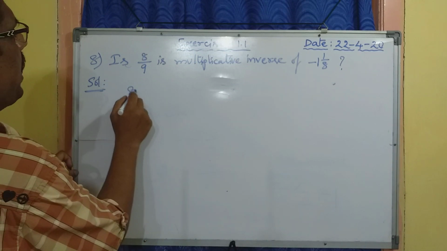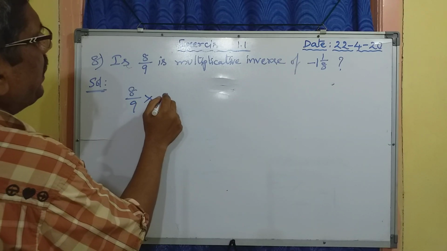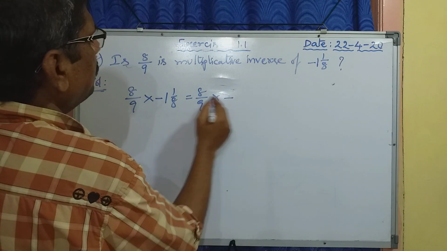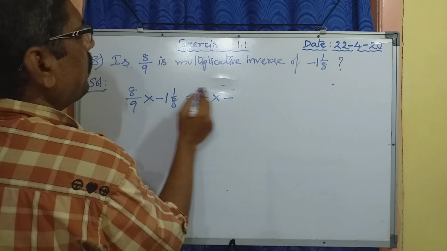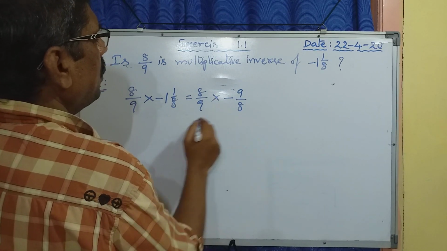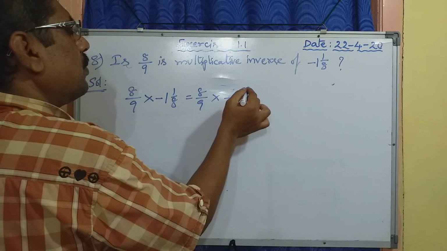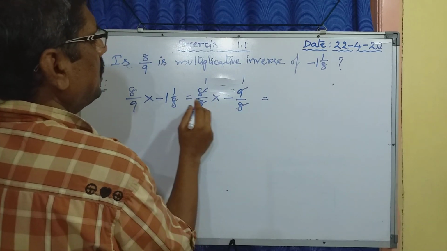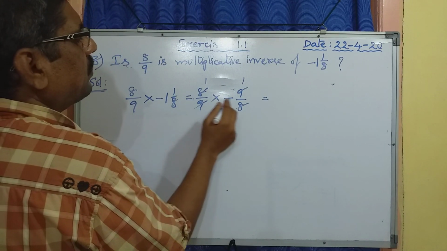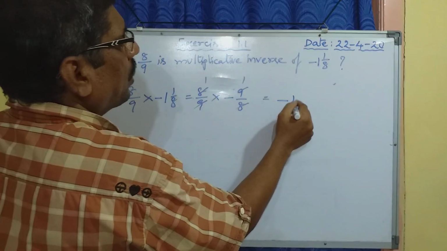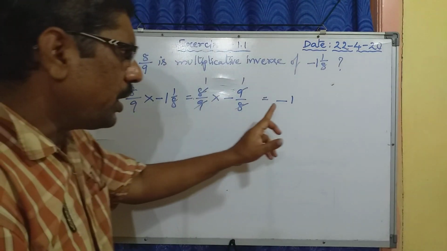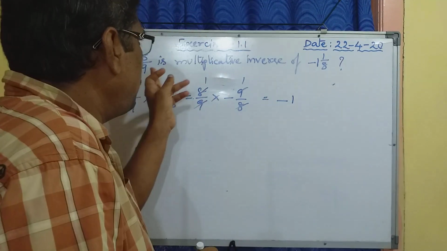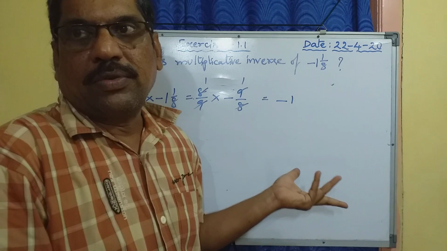Now multiply 8 by 9 into minus 1 by 8. In the numerator and denominator we can cancel 9 and 8. So we get plus into minus, 1 into 1, which is minus 1. Here we did not get 1. We must get 1 to decide whether the given number is the multiplicative inverse or not.